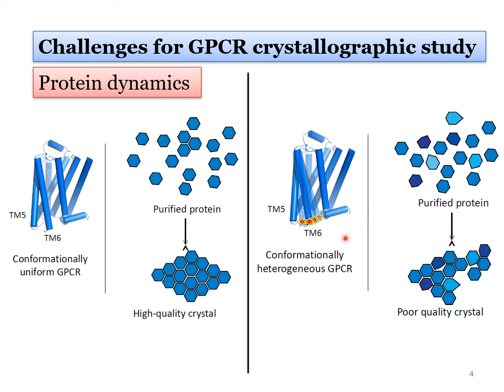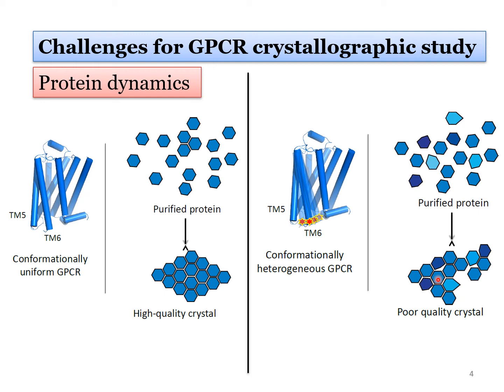Therefore, if this kind of conformationally heterogeneous GPCR is used for crystallizing a protein, then this protein will be a poor quality crystal, because each conformation will have a different orientation of the transmembrane domains, and therefore the X-ray diffraction pattern will be of very poor quality.